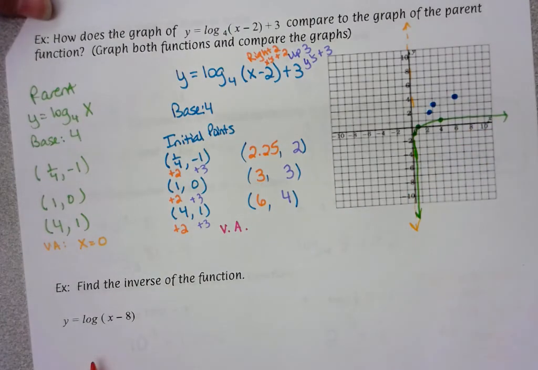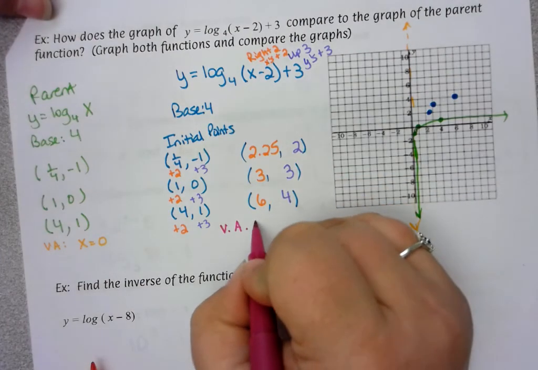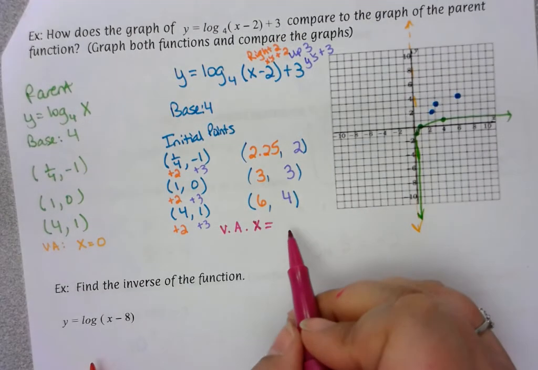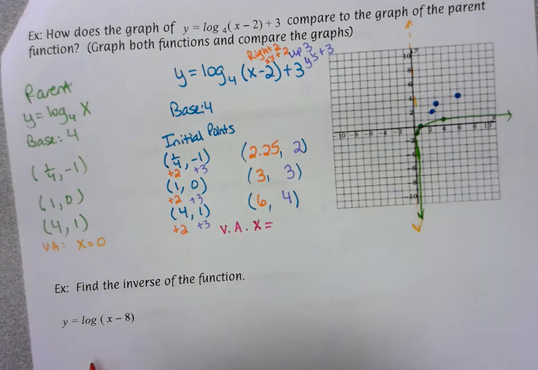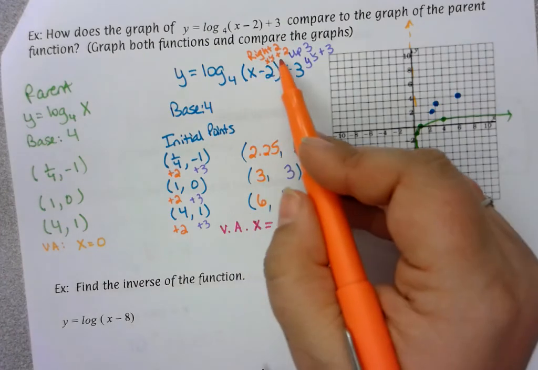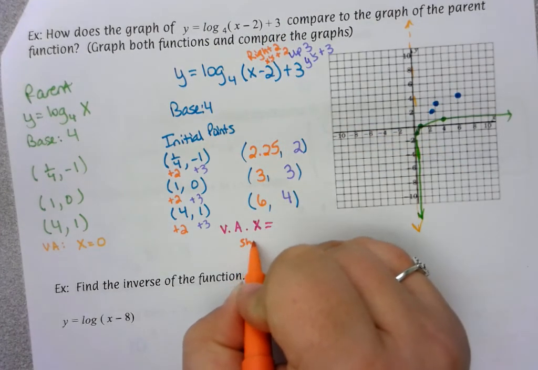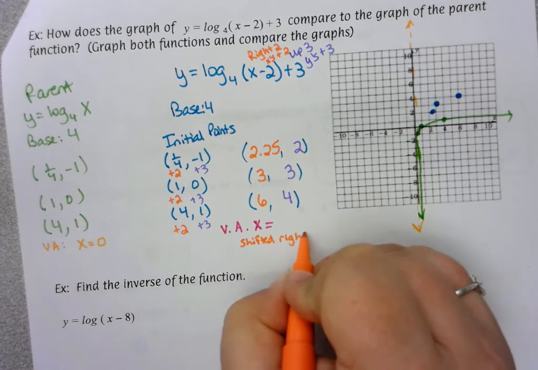Now I'm not going to draw that in yet because I also want to talk to you about the vertical asymptote. Now the vertical asymptote is normally at x equals 0, and it's at x equals 0 unless it is shifted right or left. Did we have a shift right or left? Yes, we did. So this vertical asymptote also gets shifted to the right 2.